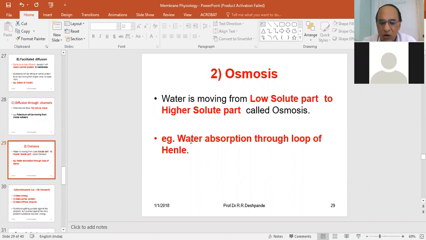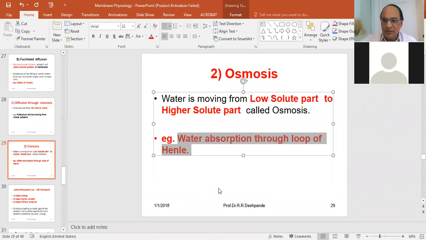Now you can see water absorption through the loop of Henle. This is the kidney structure. There is a loop of Henle. Now urine is formed. Do you understand? In that filtered plasma, the filtered watery part, there are some sodium, potassium, hydrogen solutes. But that quantity of solute in the tubule is less than in the blood, because outside there is blood.